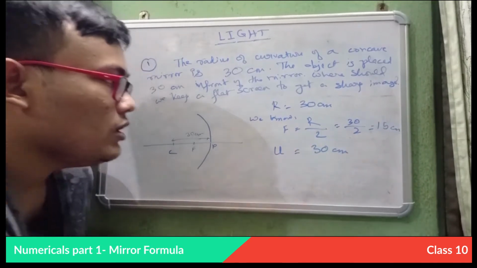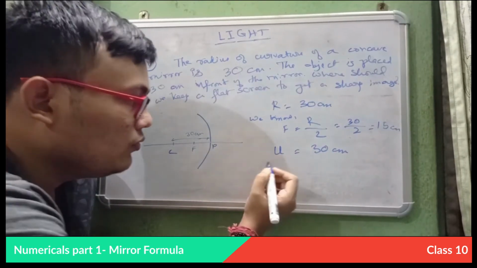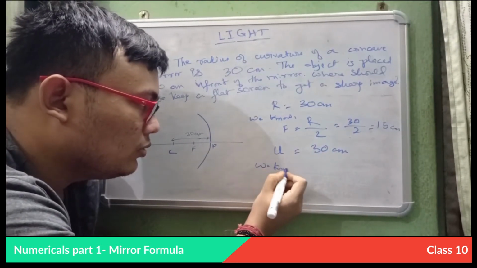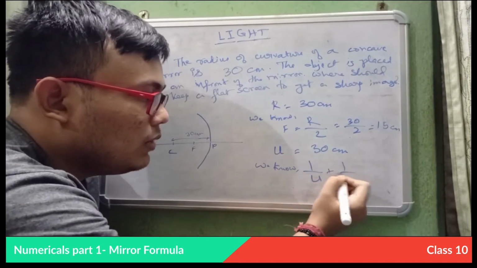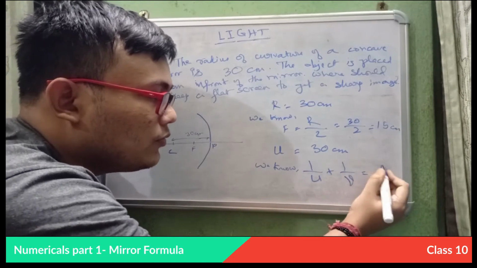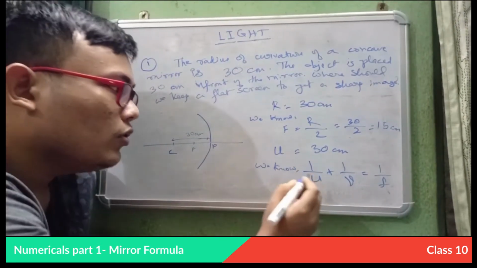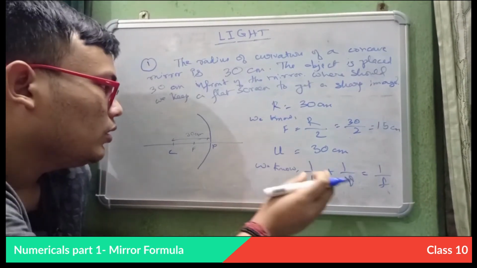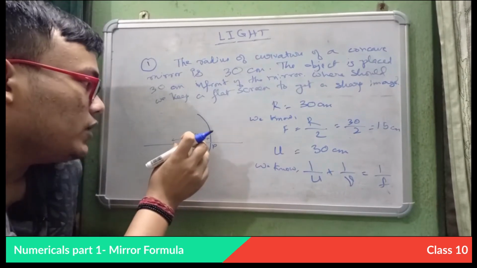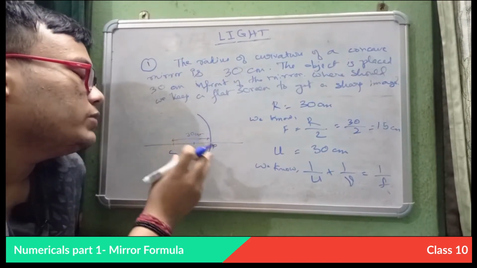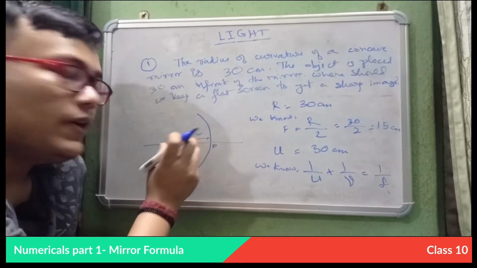Now from the mirror formula, what is the relationship that we know? 1 by u plus 1 by v gives 1 by f. This u we know is 30, but this u is in front of the mirror, on the left side of the mirror.